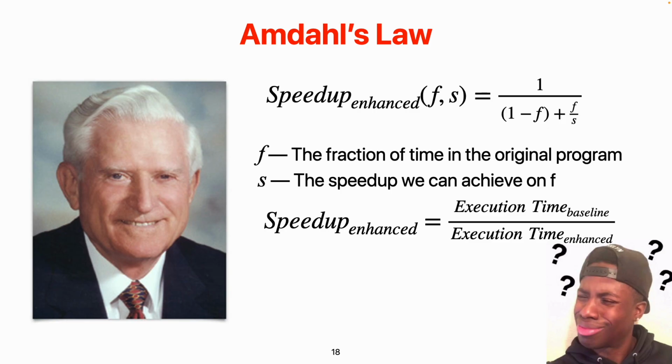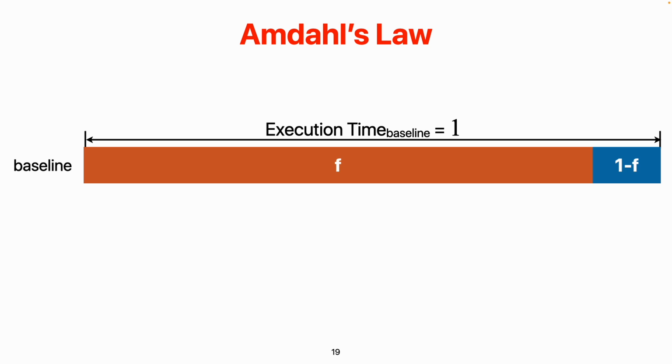Because if you investigate what Amdahl's law is, let me graphically tell you. First of all, Amdahl is rescaling the baseline execution time as 1. Now consider your program consists of 2 parts. One part is f, the fraction of time that an optimization can apply on.